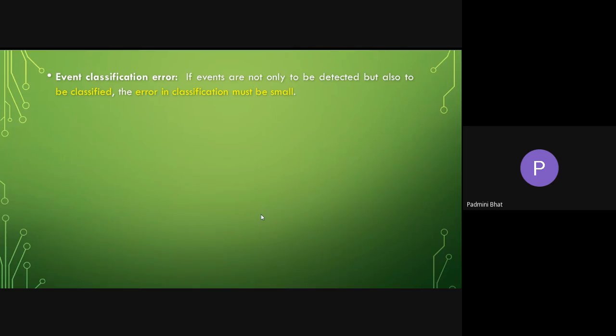Next, event classification error. If events are not only to be detected but also to be classified, the error in classification must be small.